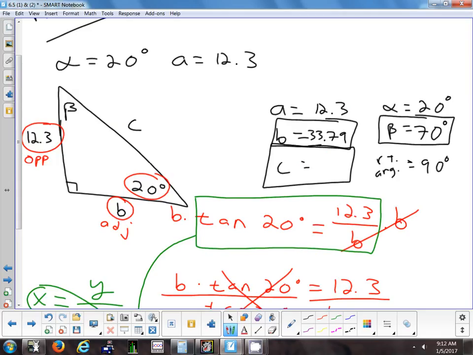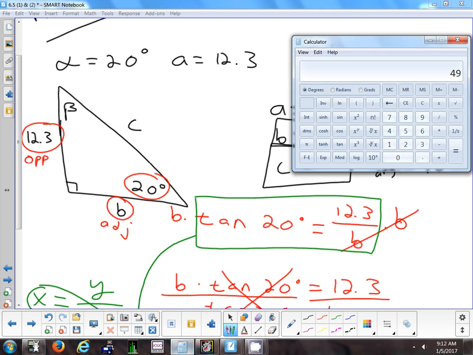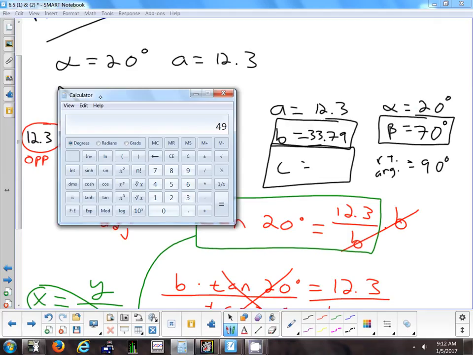Okay, now I can't figure out C exactly without a calculator, but I can figure out what it should be between. C always has to be what in a triangle? It has to be the biggest side. So I know C is bigger than 33.79. But I also know that in a triangle, if you add any two sides together, it has to be bigger than the third side. Doesn't matter which two.